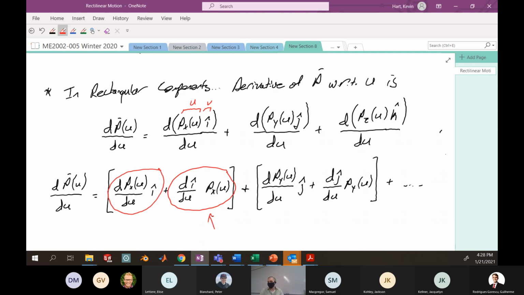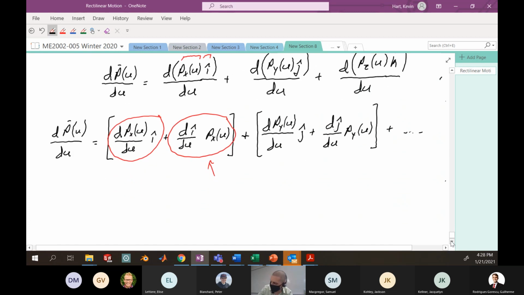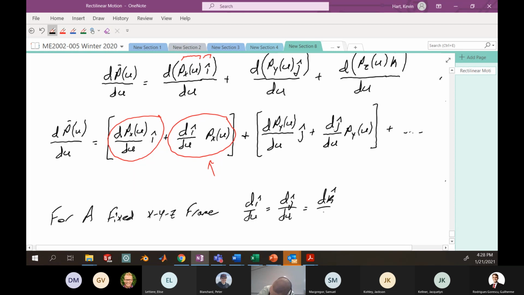So I'll say this in note form: for fixed coordinates, this term here will generally be zero.